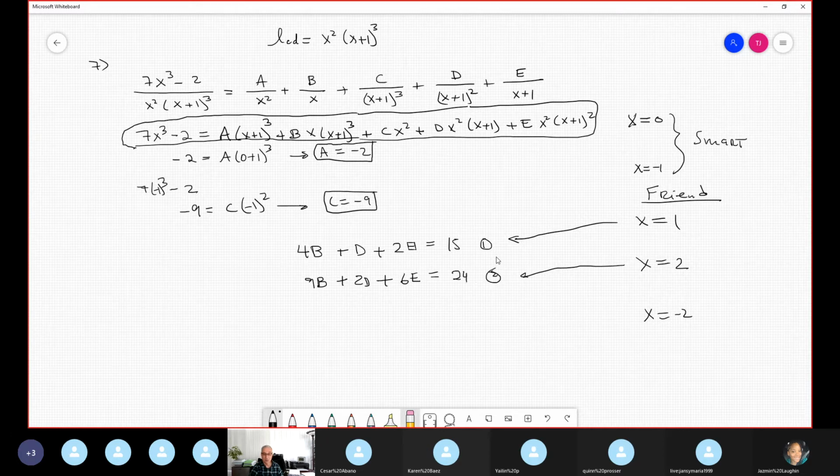Equation 2. And for -2, plugging in again, I get -4D plus 4E equals -34. And this is equation 3.